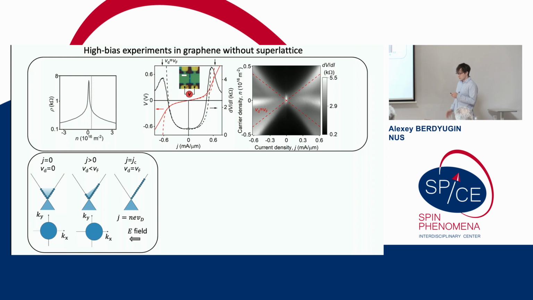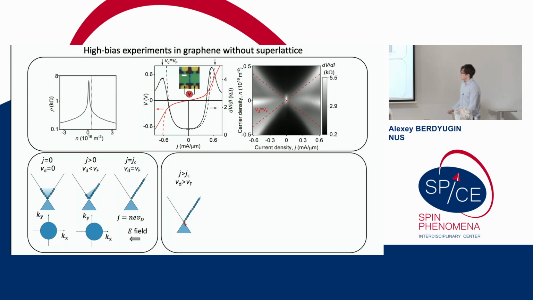If you try to model the electron transport in the presence of just a single band, you immediately see that differential resistivity starts to diverge, and that's exactly what we see in our experiment, diverging differential resistivity before we reach this point. But in our experiments, we clearly can go further, and that's possible only if the electric field starts to borrow electrons from the valence band and move them to the conduction band, and you create electron-hole pairs.